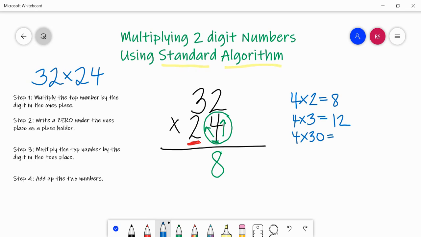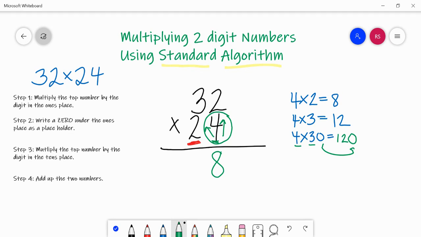So if we think about it as 4 times 30 instead of 4 times 3, using our place value knowledge, I know that 4 times 3 is 12, and I have a 0 in my problem, so I'm just going to bring that 0 over. So my product is really representing 120. Right? It's really representing that 120. So when I drop down, let's go back to just multiplying the digits.